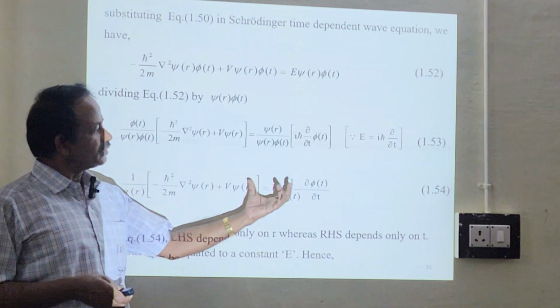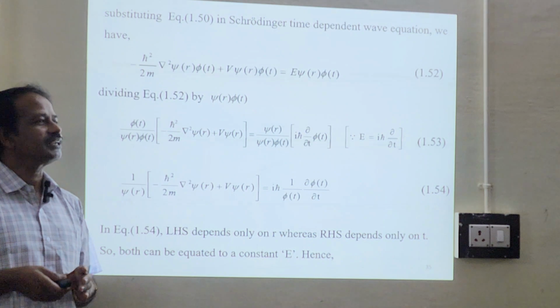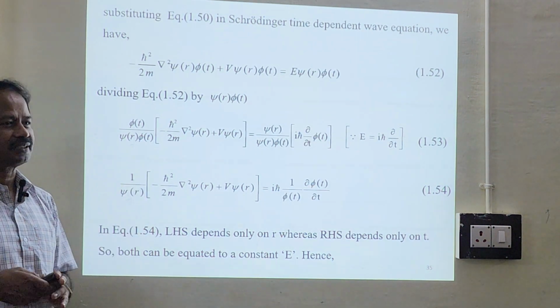So if this is equal to this, it must be equal to some constant. Like for example, P1 V1 equals P2 V2 equals some constant.